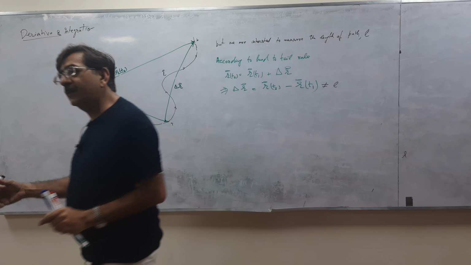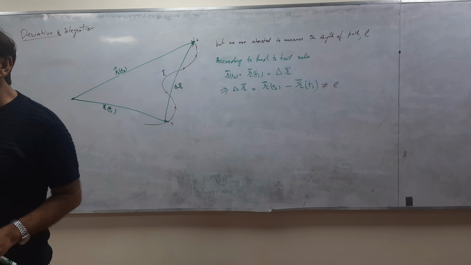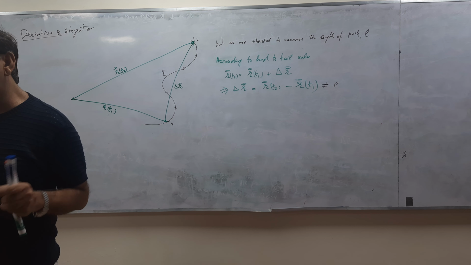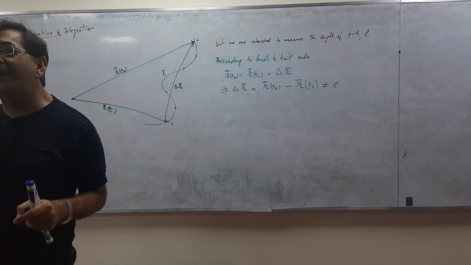Even if you do some work, the distance covered under the action of the force depends upon your path. If the force is conservative, it depends upon the displacement. But if it is not conservative, it depends upon the path.